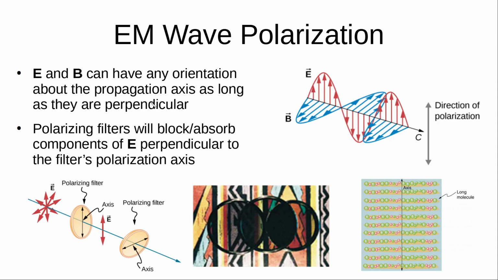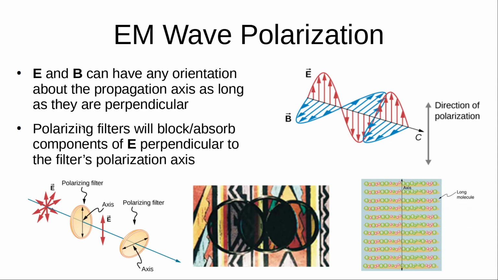So we've talked about how the electric and magnetic field have to be perpendicular to each other in an electromagnetic wave, because electromagnetic waves are produced by accelerating or oscillating charges. So just by the nature of the kind of electric and magnetic fields that an accelerating charge produces, the electric and magnetic fields will be perpendicular to each other, and they will take time to propagate through space.